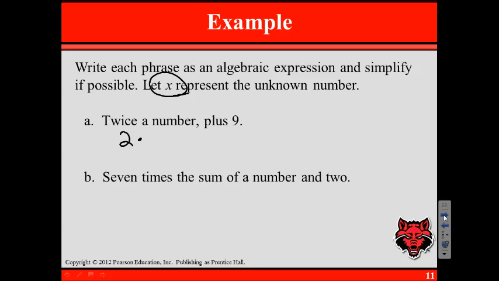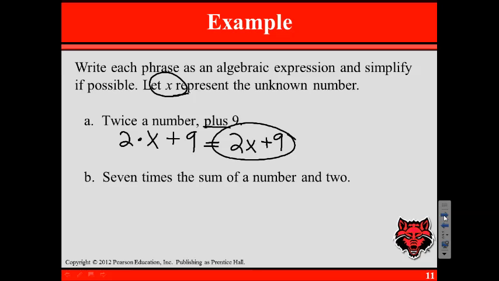So twice a number, or 2 times x, plus, that's not a hard translation, plus 9. We can't combine 2 times x and 9, but we can rewrite it as 2x plus 9. And that will be as simplified as that expression can become.